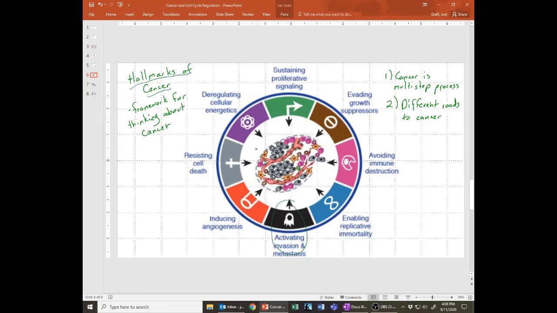And so the order in which a cell would collect these hallmarks of cancer is going to differ from one person to the next as far as their cancers are concerned.